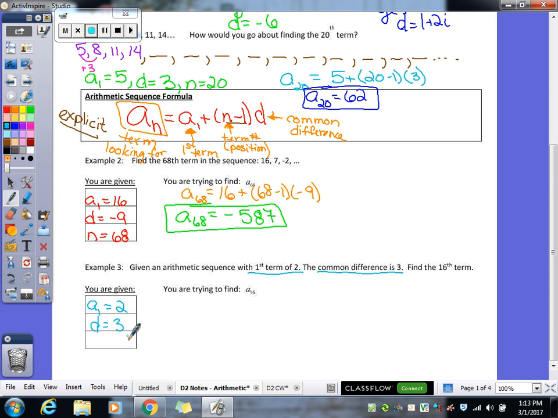We're trying to find our 16th term, so n equals 16. So again, let's plug that into our formula. So a sub 16 equals 2 plus 16 minus 1 times 3.